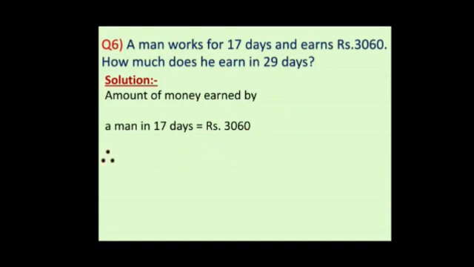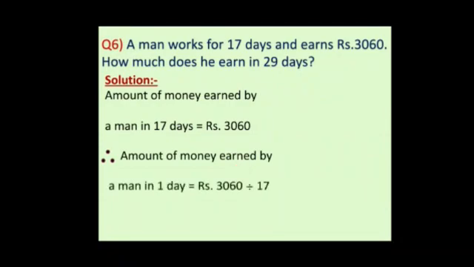Then we have to find out the amount of money earned by a man in 1 day, okay? Because we had to find out the amount earned in 29 days, right? And for that we have to first find out the amount earned by a man in 1 day, right? So we will divide 3060 by 17, right? So let's divide here.